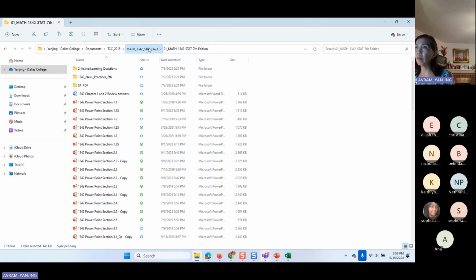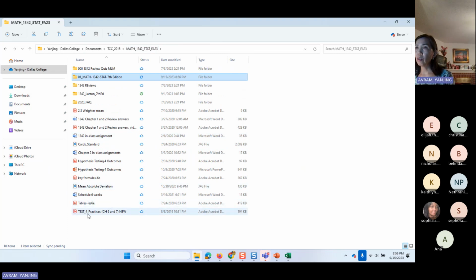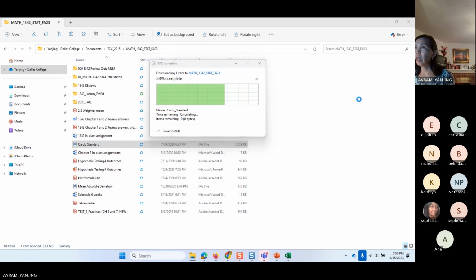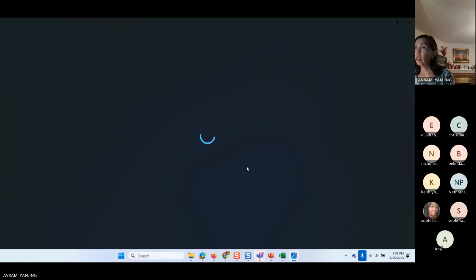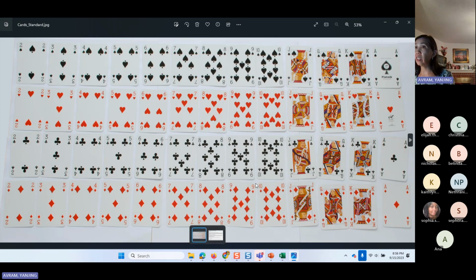If you do not play cards, I usually post a picture of a standard deck on the course. Look at this one right here. This is how the standard deck looks. You can print it out for your homework or your quiz. You have 4 different suits, each with 13 cards from ace, 2, up to king.